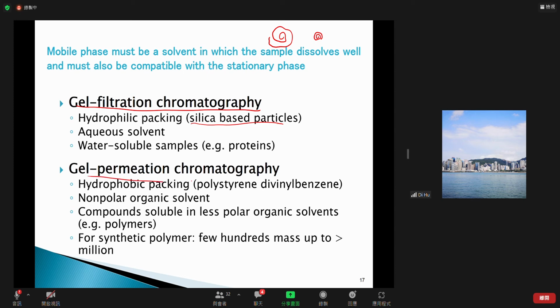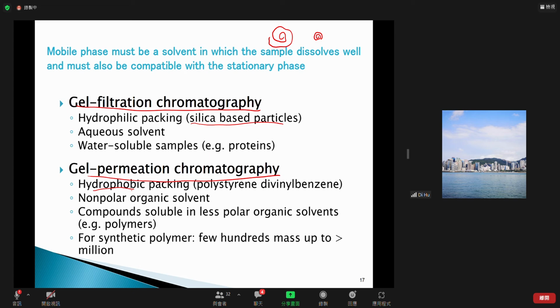And then for gel permeation chromatography, because it deals with relatively non-polar polymers, which are soluble in less polar organic solvents, the mobile phase needs to be organic solvents, such as THF for polymers, or toluene or methyl cresol for polyimide. And because your solvent is now hydrophobic, the packing should be hydrophobic as well, so you use polystyrene-divinylbenzene resin for that.